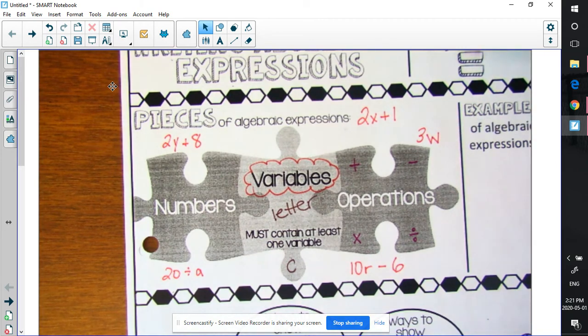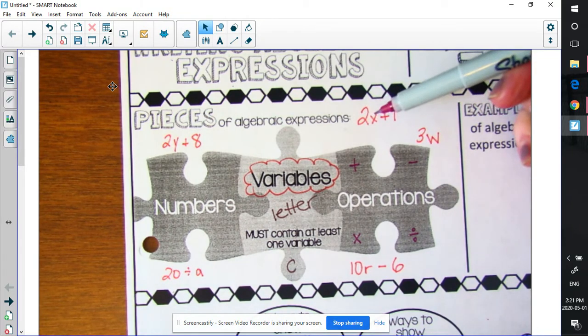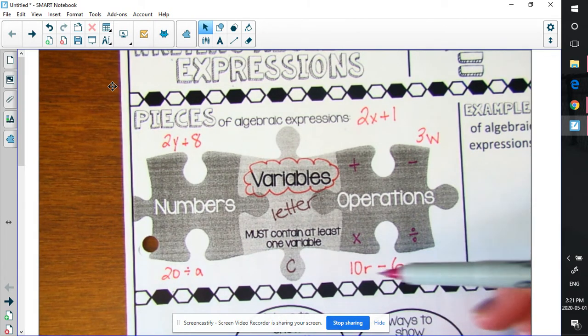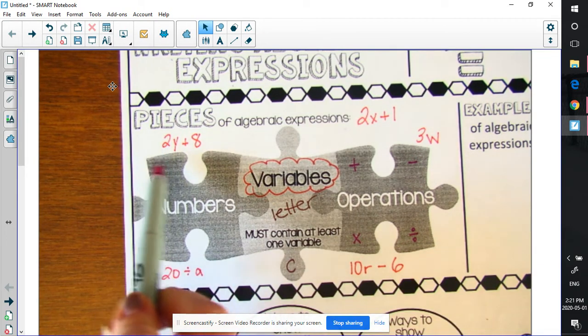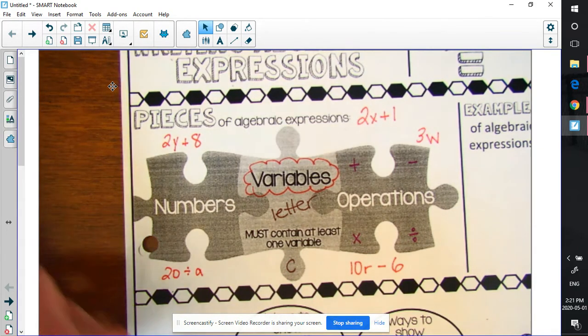So whenever you see a number right beside a variable, as we've got here, here, and here, that means multiplication. It's a secret kind of hidden way to show multiplication, and you need to know that.